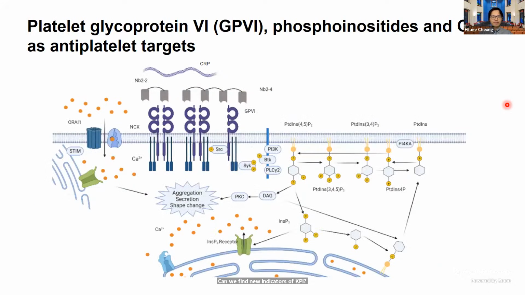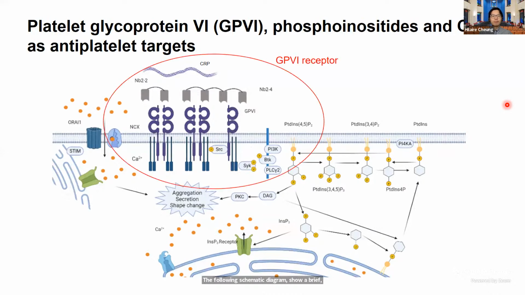The following schematic diagram shows a brief summary of GP6 signaling in platelets. Upon activation of the GP6 receptor by endogenous ligands like collagen or fibrinogen, it will undergo dimerization and then activation, and activates a series of signaling cascades through the FcR gamma, the ITAM, to the SYK, to the LAT, and ultimately culminates in the activation of PI3K and PLC gamma 2.